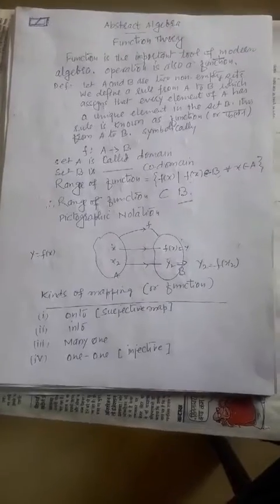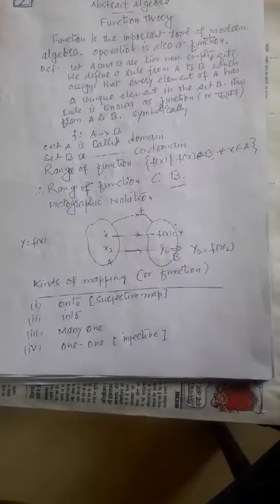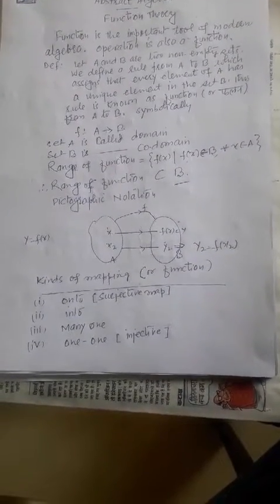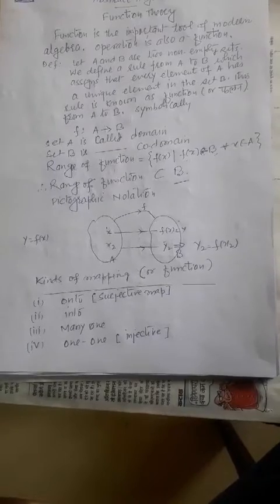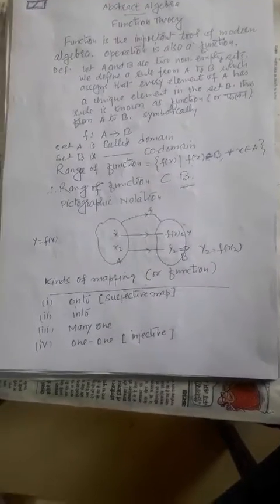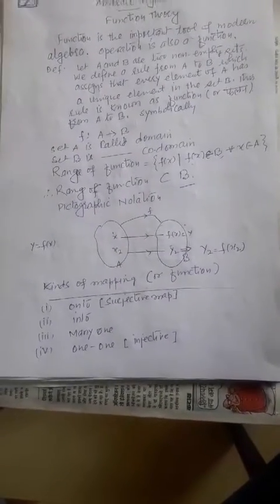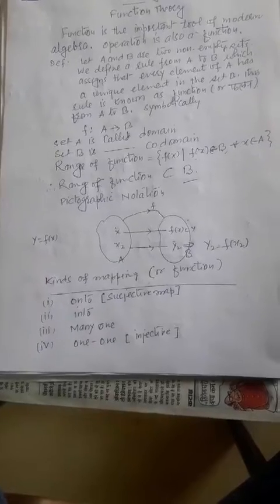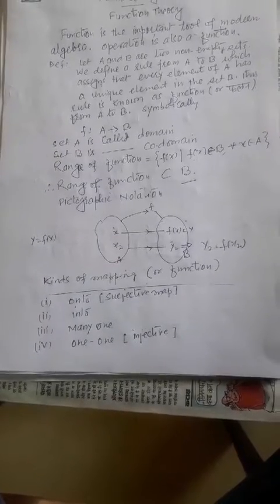Now, pictographic notation can be defined like this: y is equal to f(x). Then we make circle-type diagrams, and set A contains x1, x2.